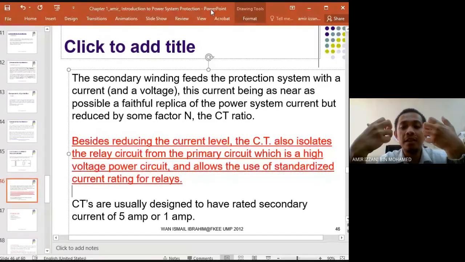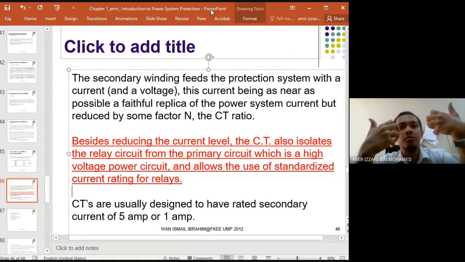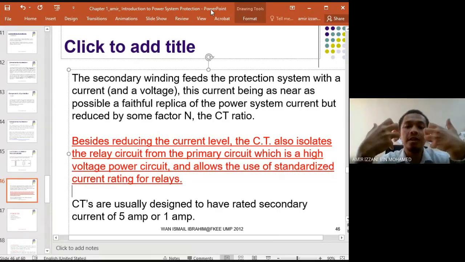Okay, for an ideal transformer, the power is fully transferred from the primary to the secondary. If the voltage is high here in the primary and it is a step down transformer, the voltage will be low here, right? How about the current at the secondary?